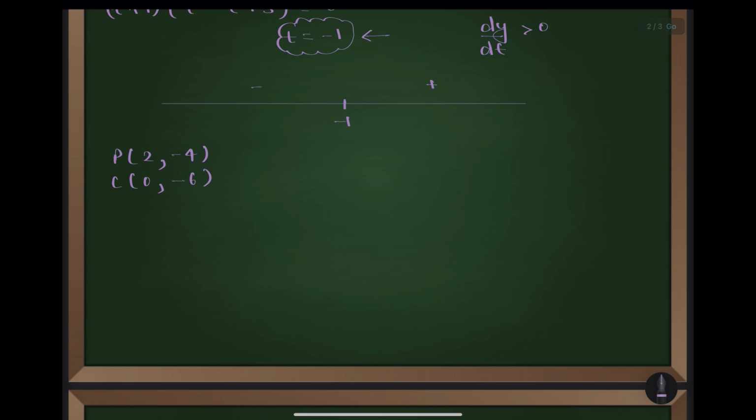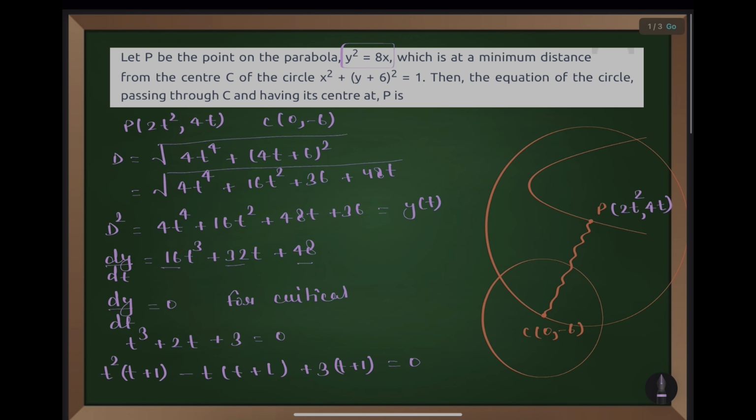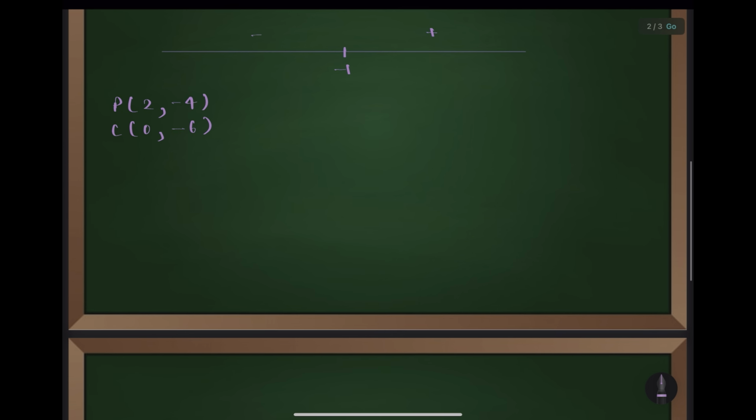Now you have to write down the equation of the circle whose center is at P and it should pass through C. To write down the equation of a circle, we need what? Center and radius. So center is P and the radius is this thing. So it is (x minus 2) whole square plus (y minus (-4)) whole square is equal to CP square.